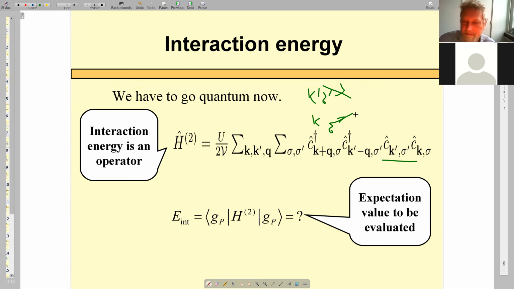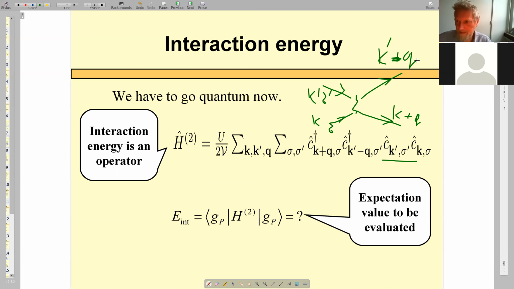There is interaction, and there are 2 outgoing particles with k plus q and k prime minus q, and the spins are the same.